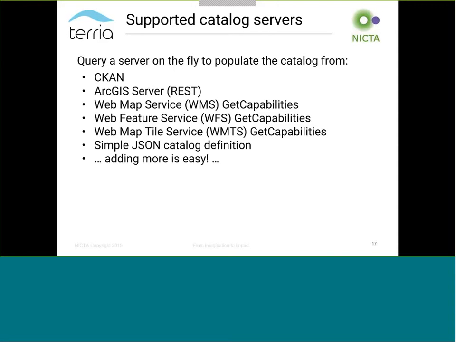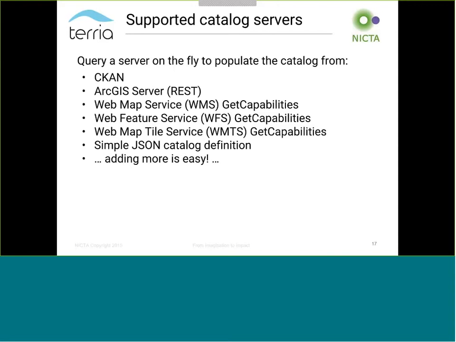And then, in the OGC world, we can do a query to a WMS, WMTS, or WFS server to get its GetCapabilities document and use that to populate a catalog. And then the final option is that TerriaJS has its own simple JSON format for describing catalogs.